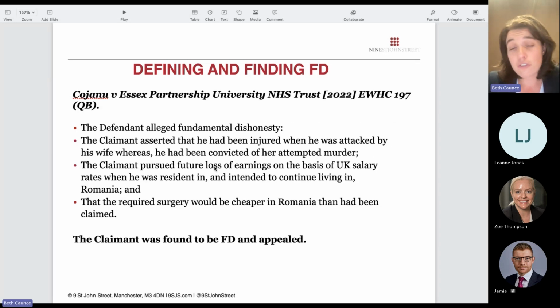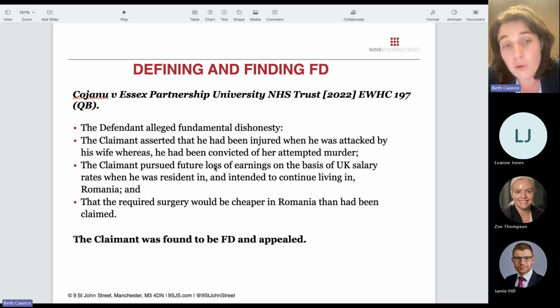The defendant alleged fundamental dishonesty in that case, based on first, this discrepancy or real dishonesty as to how the original injury had happened, so the mechanism of the finger problem, and second, in terms of the way in which the claim was presented. So the claimant pursued a future loss of earnings claim on the basis of UK salary rates, when he knew by this point he'd been deported to Romania.